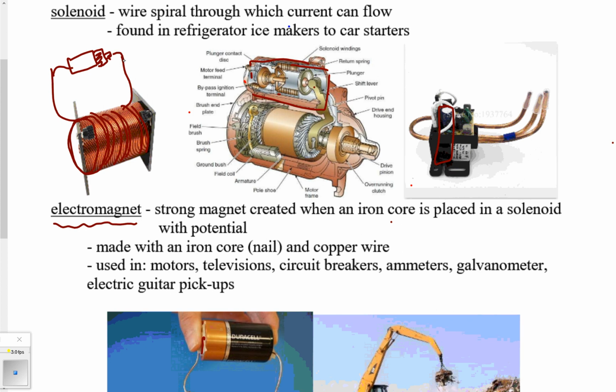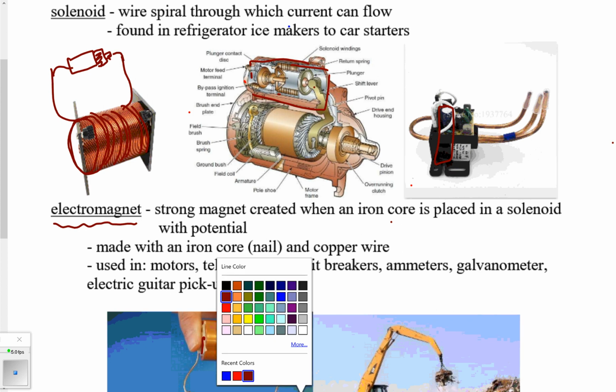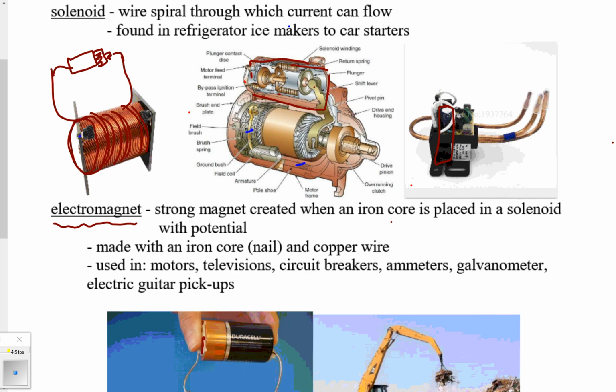Anyway, if you hook it up to this battery, what you will find is a magnetic field around the solenoid, just like a bar magnet. The exact same phenomena of the field lines coming in, the field lines going out. And so essentially you would end up with a south pole and a north pole on that solenoid.